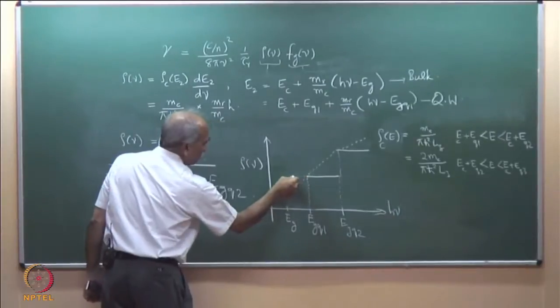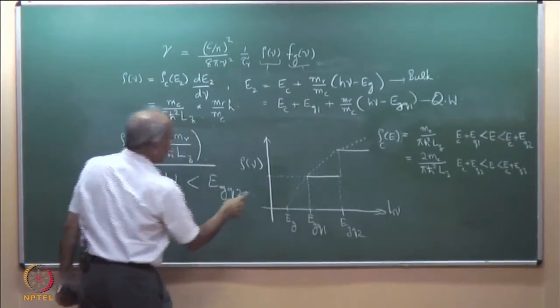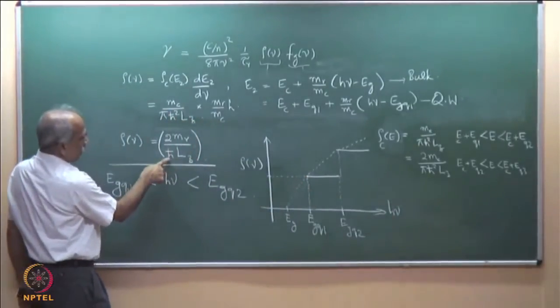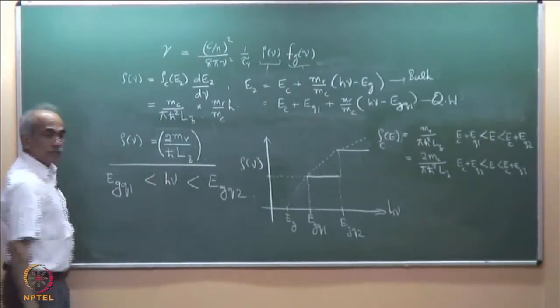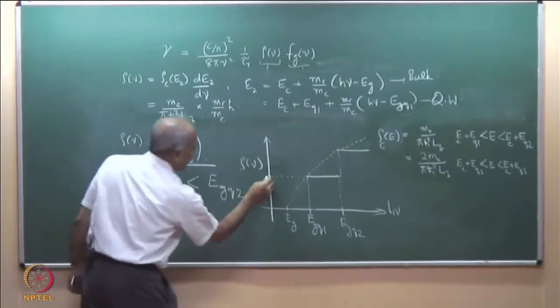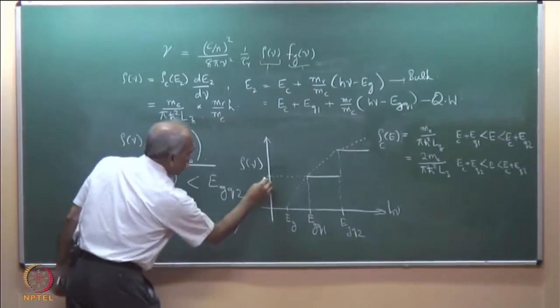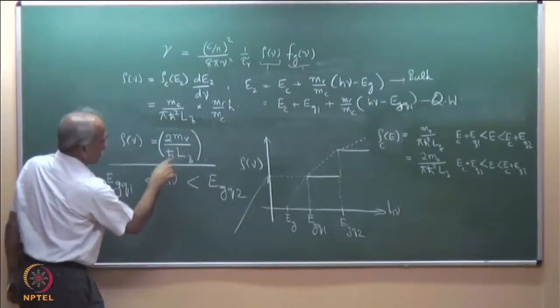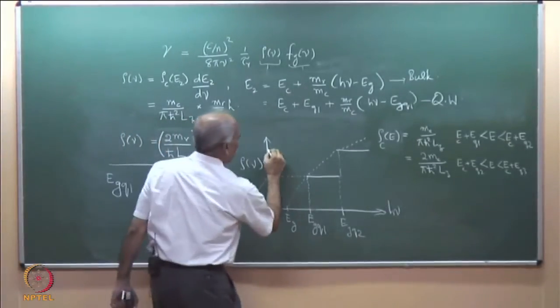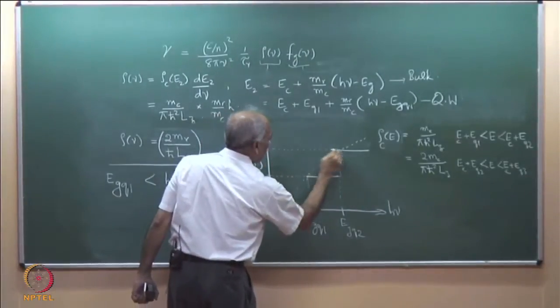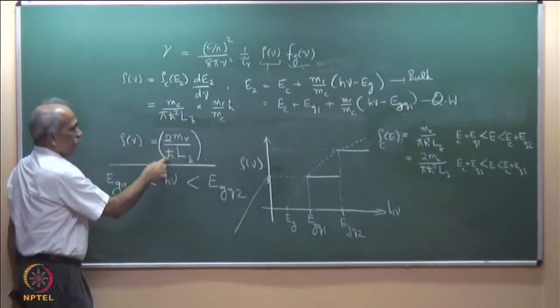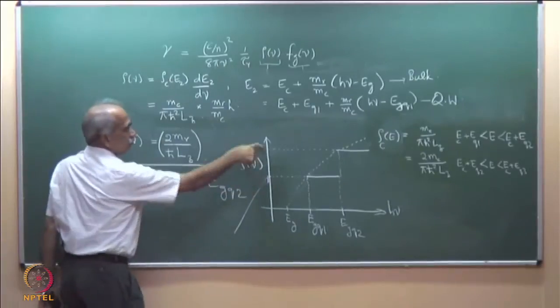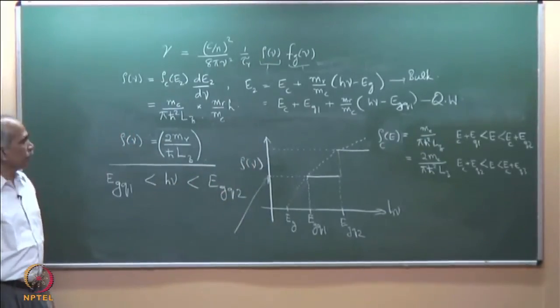This value here is 2 Mr into h cross Lz. And what would this be? 2 times 2 Mr h cross Lz, double. The density of states simply doubles.